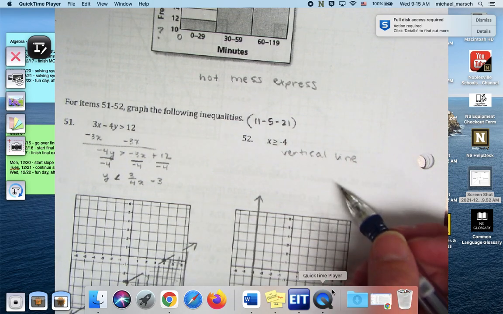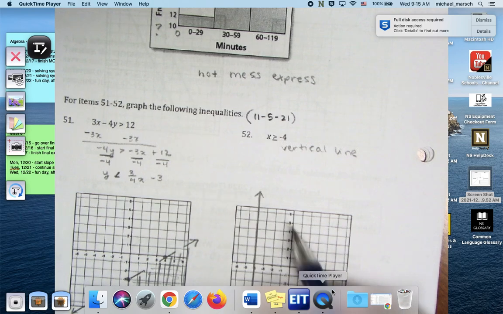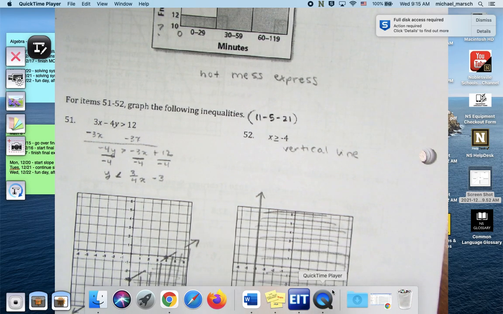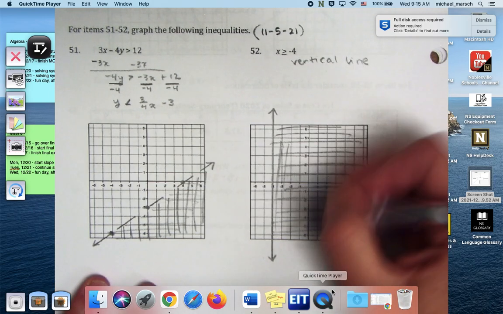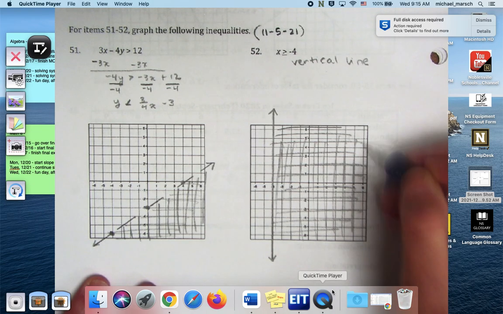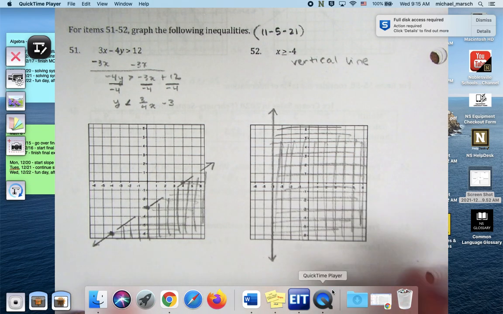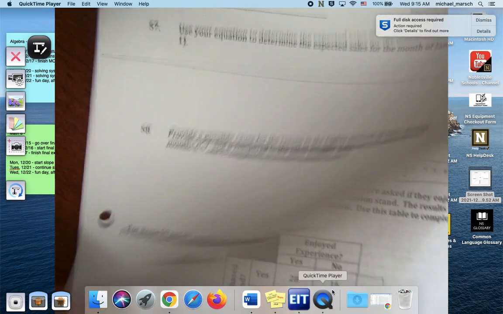And then I'm going to ask myself, is 0 greater than or equal to -4? It sure is. So that means that I would shade towards the 0. And this is one of those where that 0 trick works really well because it's hard to tell when it's a vertical line which is above and which is below. Plus all these are greater than -4.